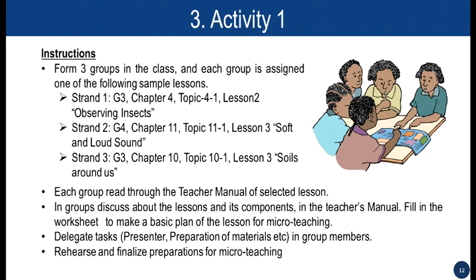The first group will take Strand 1, Life, Grade 3, Chapter 4, Topic 4-1, Lesson 2, on Observing Animals 1, Insects. Second group will take Strand 2, Physical Science, Grade 4, Chapter 12, Topic 12-1, Lesson 5, Soft and loud sound volume.